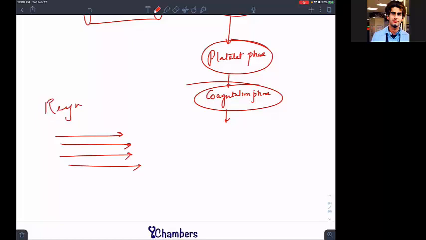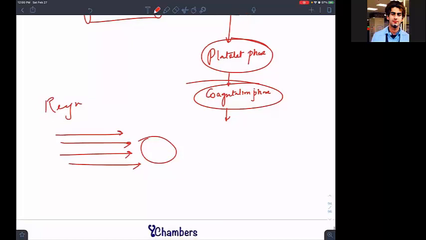You know the Reynolds number, isn't it? But once you have something in your way and you collide with it, there will be turbulence, and this turbulence makes the blood vessels susceptible to injury. So I have a fibrinolytic phase to resolve that thrombus.